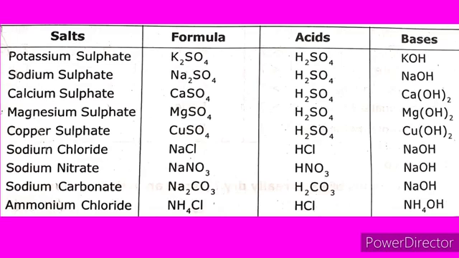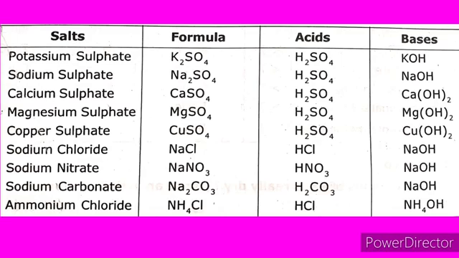Formula is MgSO4. The required acid and base are sulfuric acid and magnesium hydroxide. And the fifth one is copper sulfate. Formula is CuSO4. So the required acid and base for preparing copper sulfate are sulfuric acid and copper hydroxide.